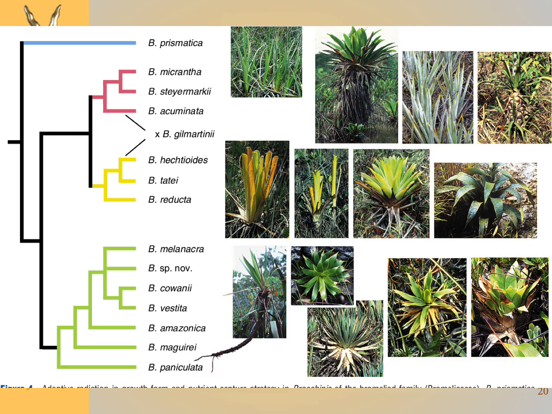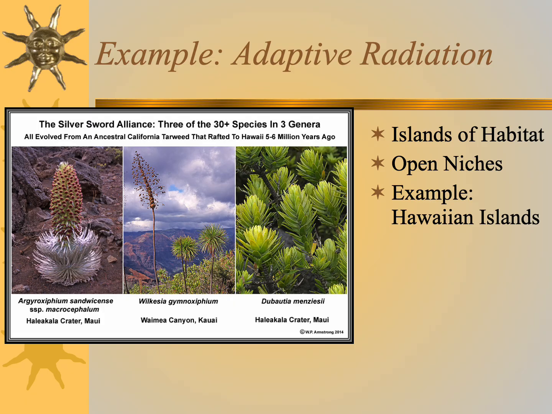They're different islands, and so each island developed different species, and different species developed in different parts of the islands. Another example with the Hawaiian Islands are the Silversword Alliance. These are an unusual plant that got to the island 5 or 6 million years ago, more diverse in Hawaii than anywhere else in the world.